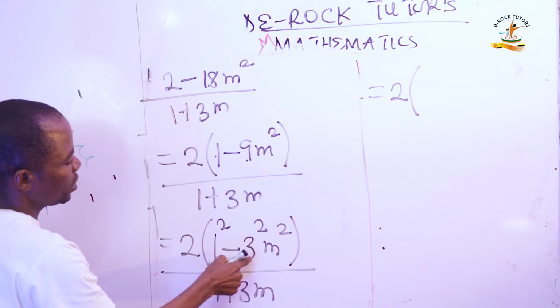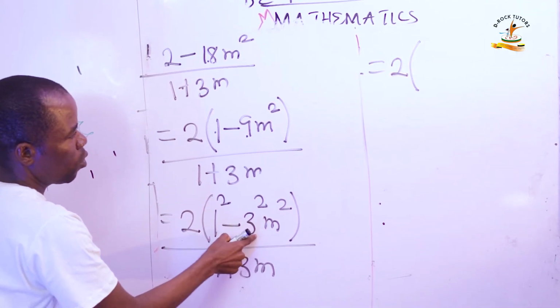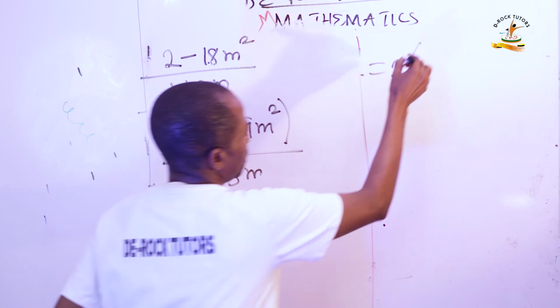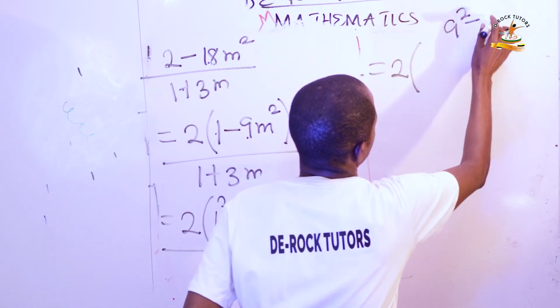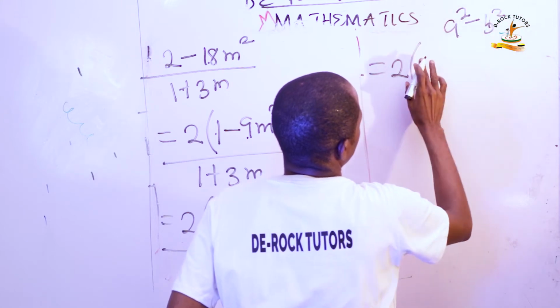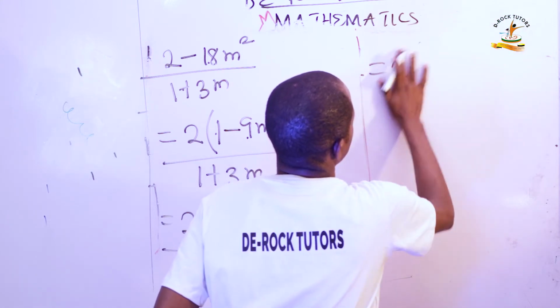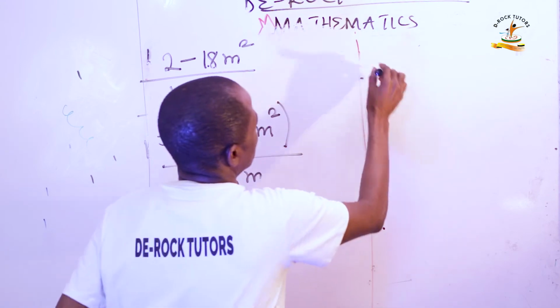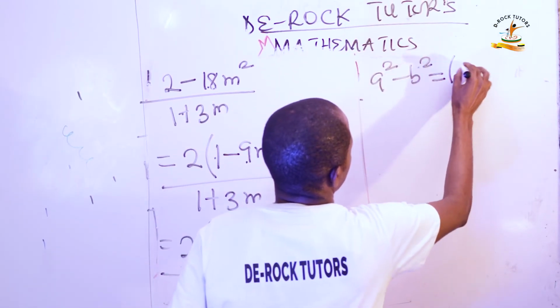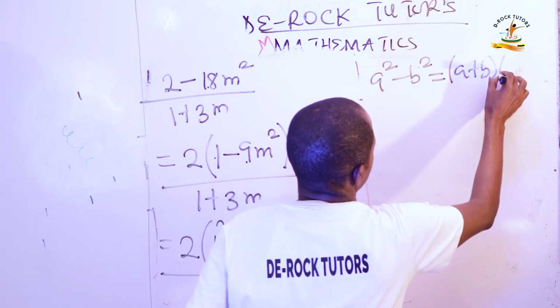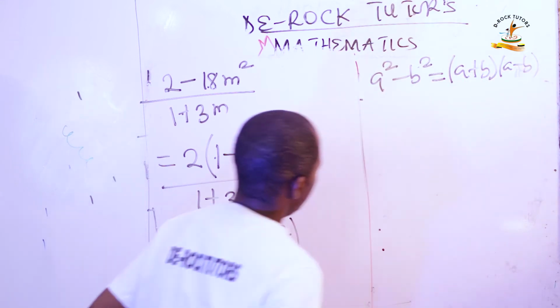If we continue on this side, this gives us 2 into, this is now a form of difference of squares. We still remember the famous identity: a squared minus b squared can be written as a plus b times a minus b.